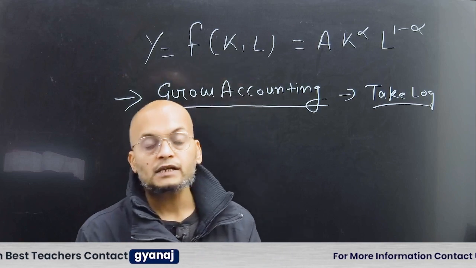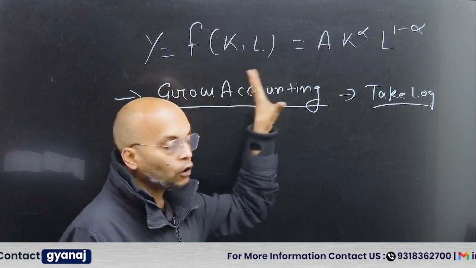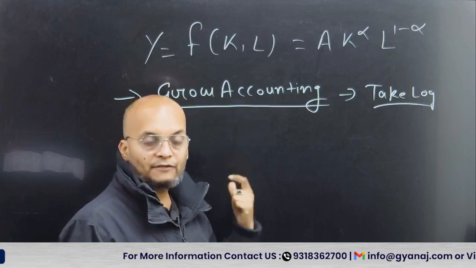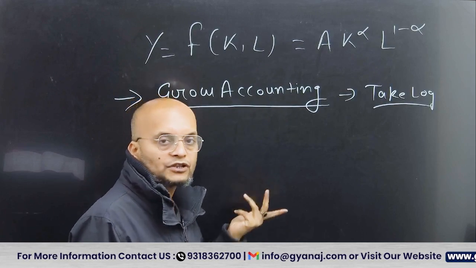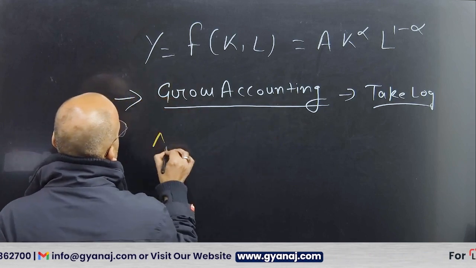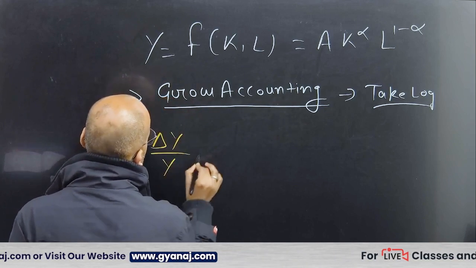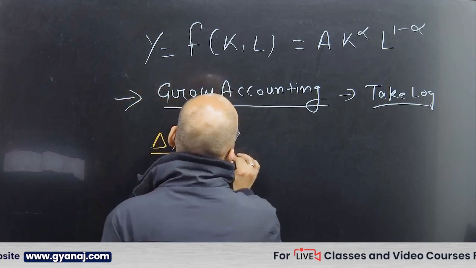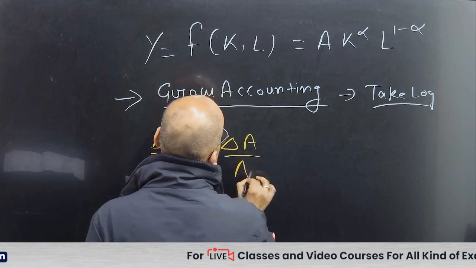So how to do it? See guys, we need to take the log of it. If we remember the basic mathematical functions of log, then if I take the log of this equation, ΔY/Y is equal to ΔA/A, where delta represents the change.